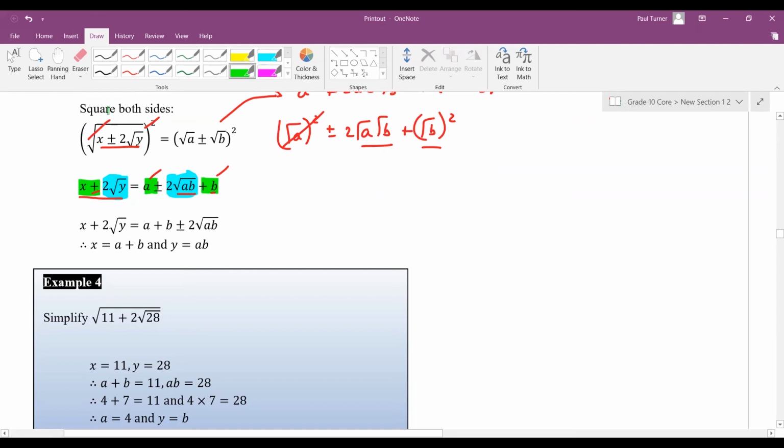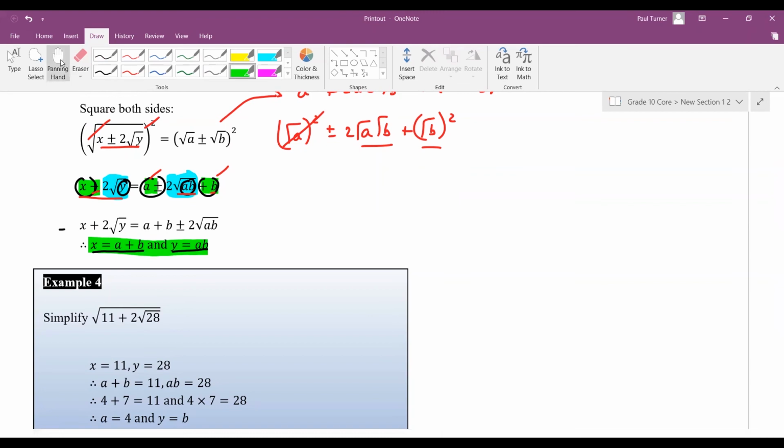So I hope that's clear enough. So X equals A plus B, and your Y is equal to AB here. So you actually have simultaneous equations that you need to solve to do these ones here.